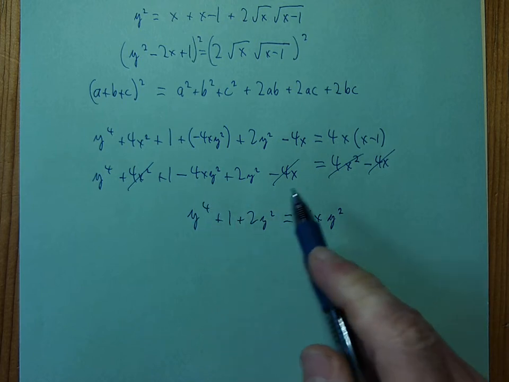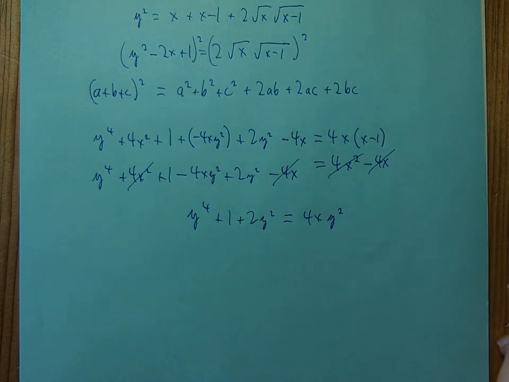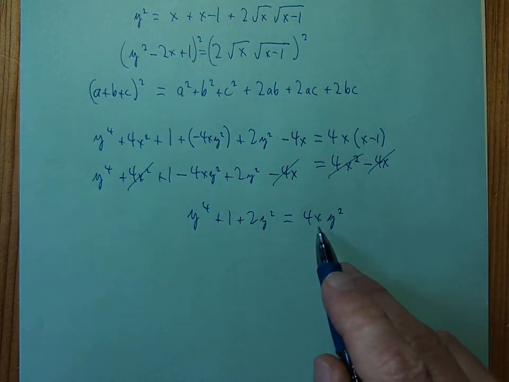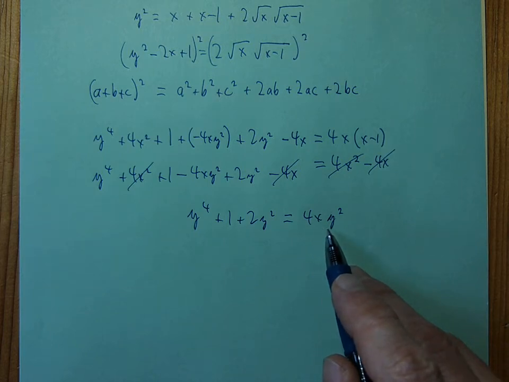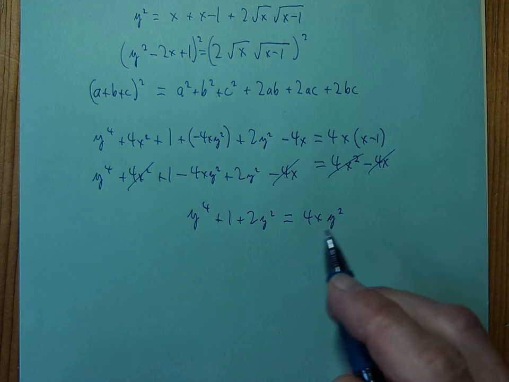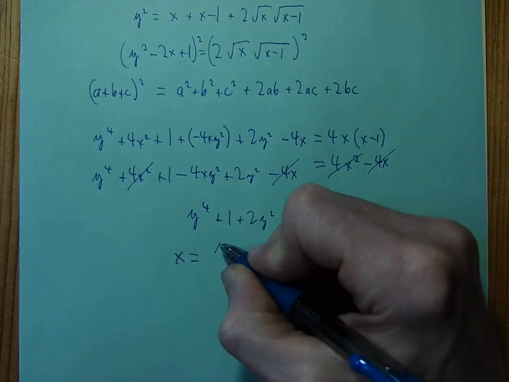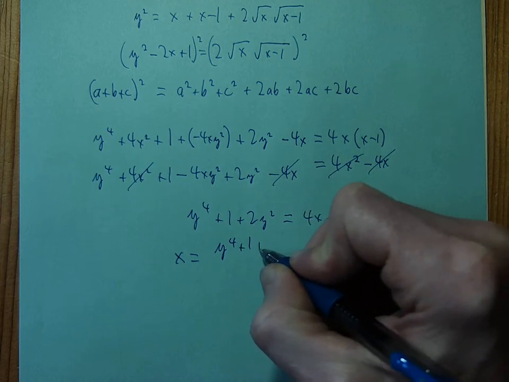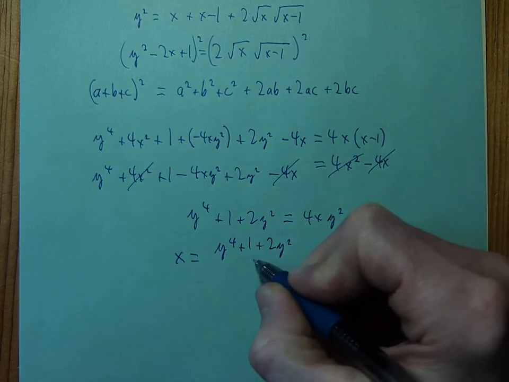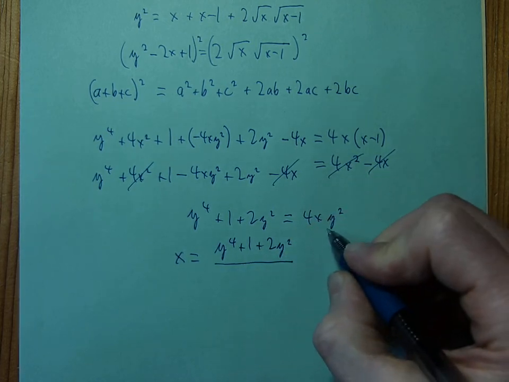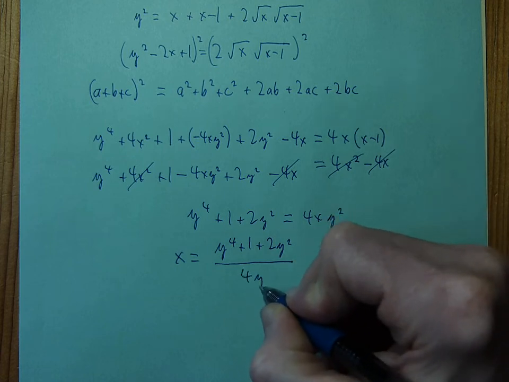Make this negative, put a positive on the other side. We want to solve for x, so we can divide everything by 4y squared. So I'm just going to write the x first. So x is equal to all this stuff, y to the 4th plus 1 plus 2y squared, divided by 4y squared.